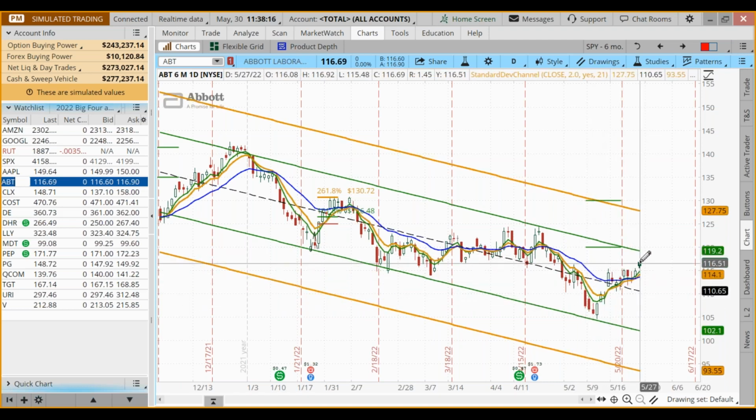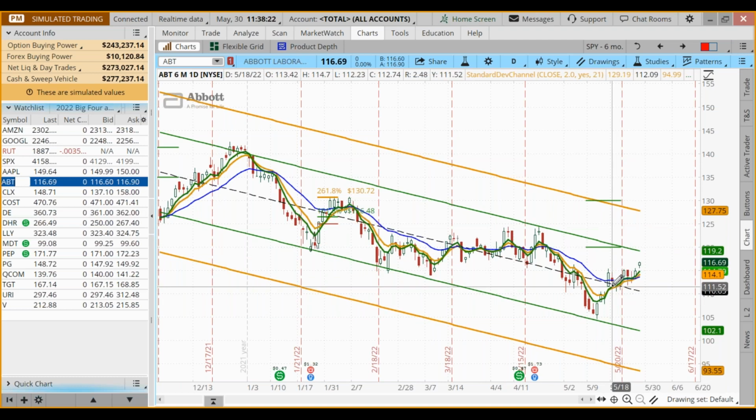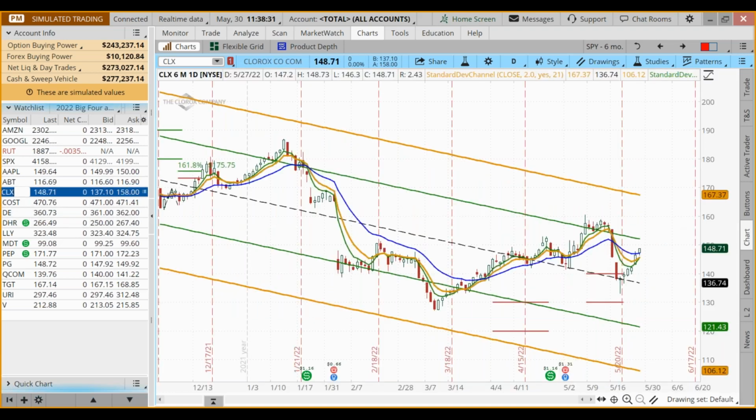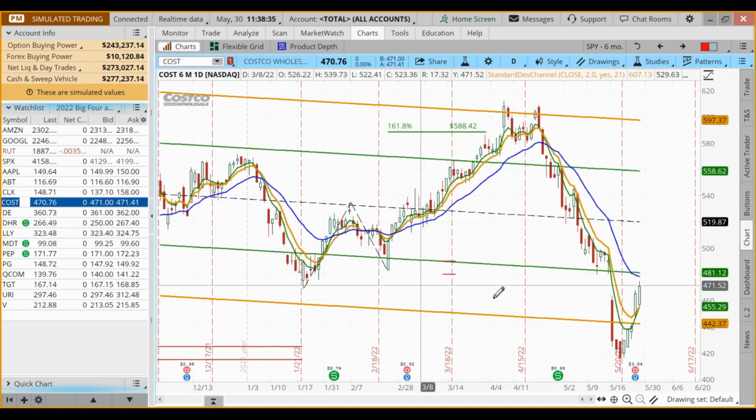So we got out and took a slight loss on that trade. Nothing going on in Abbott, although it looks pretty close to a measured move. I'll have to look more at that on Tuesday. Clorox, nothing doing. Costco, just finished earnings, going straight up, but no measured move.